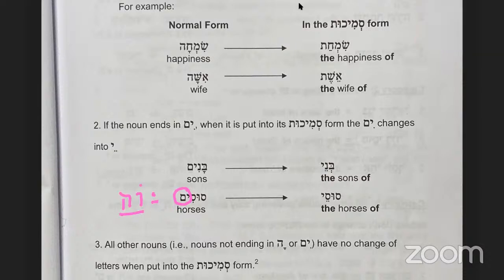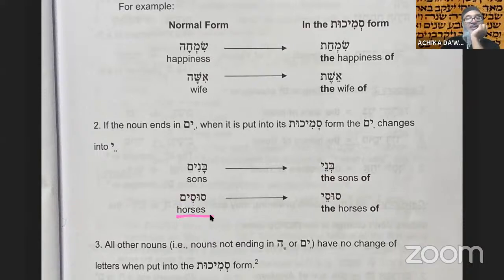So if I'm talking about horses, I have to determine that the horses are masculine or feminine. An eem on the end is masculine, an oat on the end of it is feminine. That's what you got to remember. That's from your last lesson. So these horses are masculine.